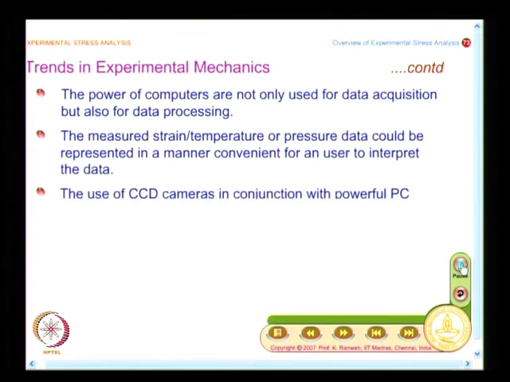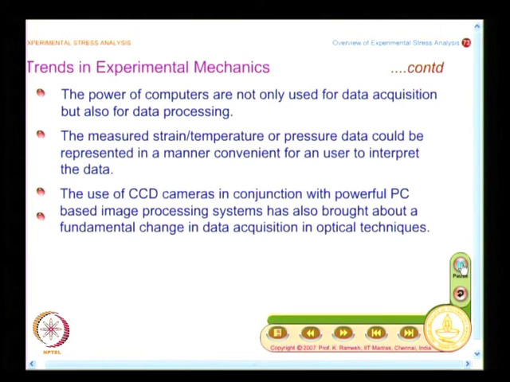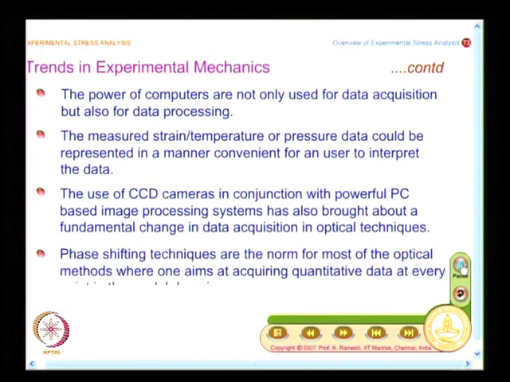Then, I have already said, CCD cameras have replaced the human eye in all the optical methods. So, what you find is, it has brought about a fundamental change in data acquisition in optical techniques.